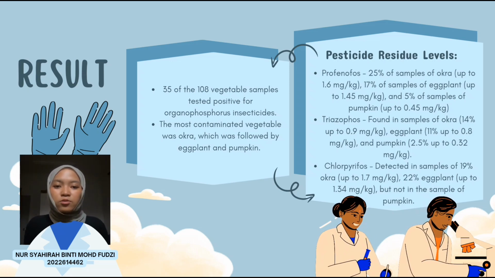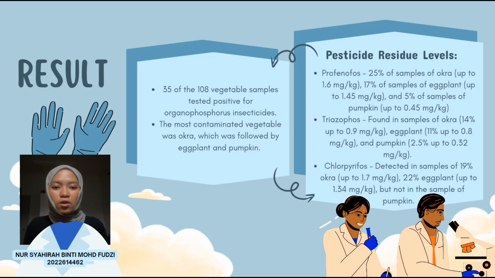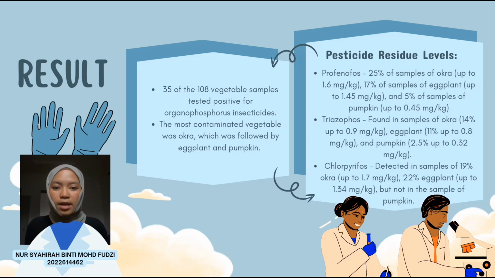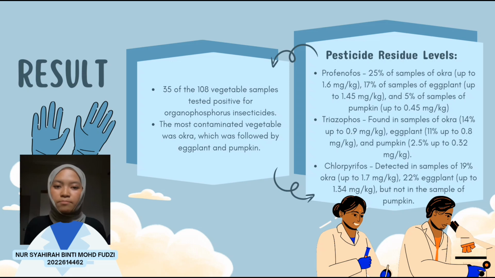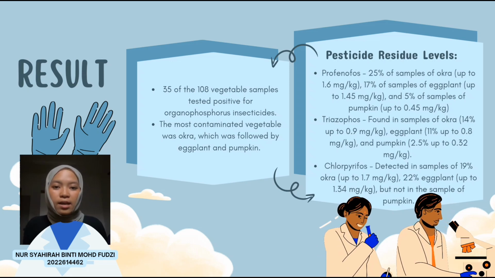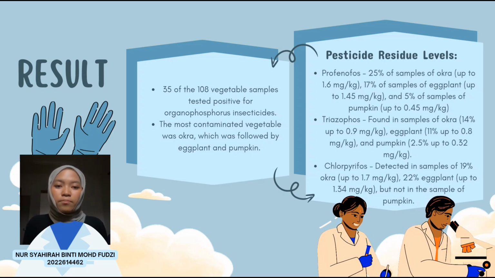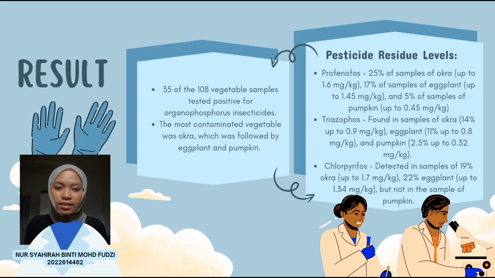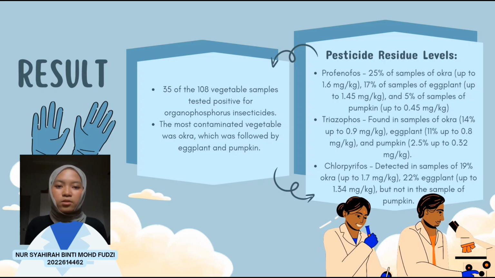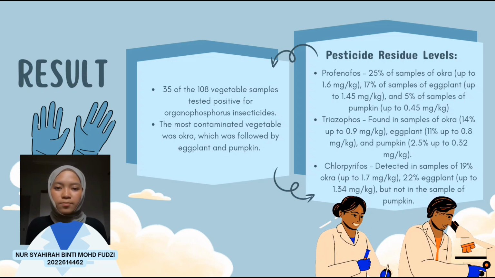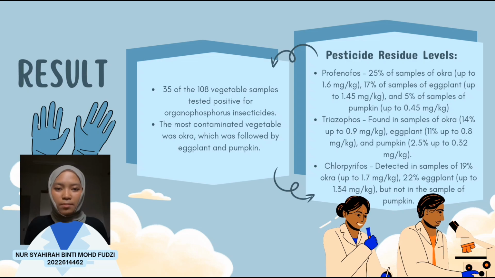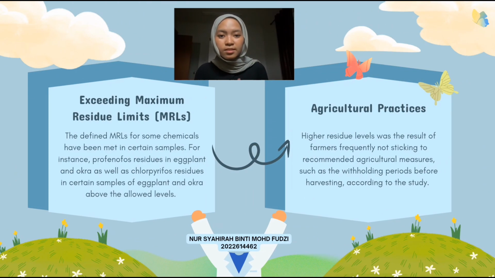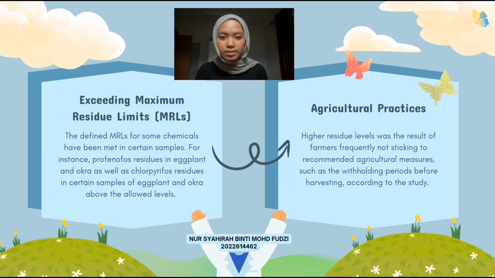Next is triazophos, found in okra 40%, eggplant 11%, and pumpkin 2.5%. Other than that, chlorpyrifos was detected in 90% of okra and 22% of eggplant, but not in the pumpkin.